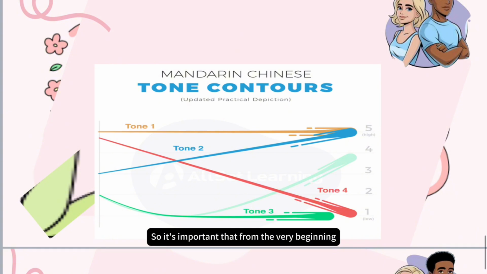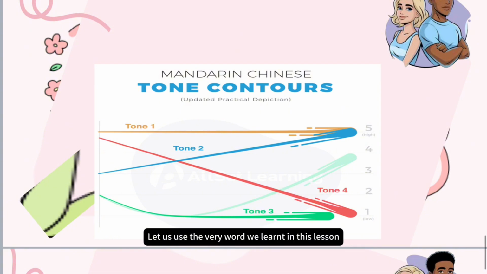So it's important that from the very beginning, you teach yourself how to slope, find the baseline, and then rise up slightly. Because as you'll find out, for most times that we use the third tone, we rarely need to even use the part that goes up again.